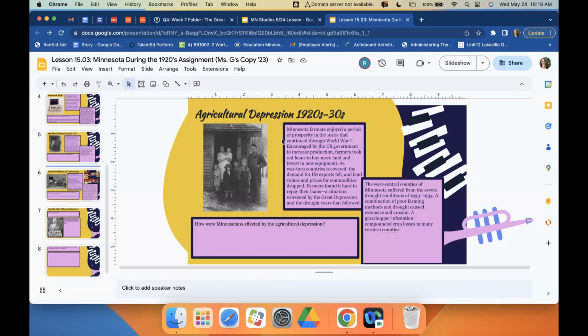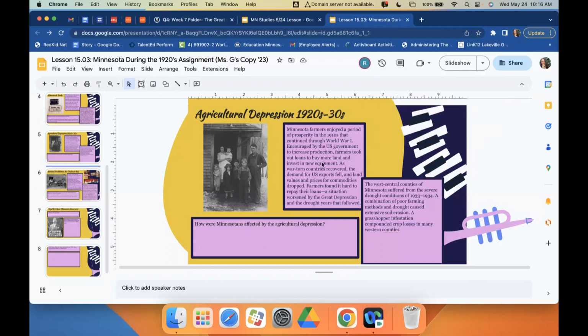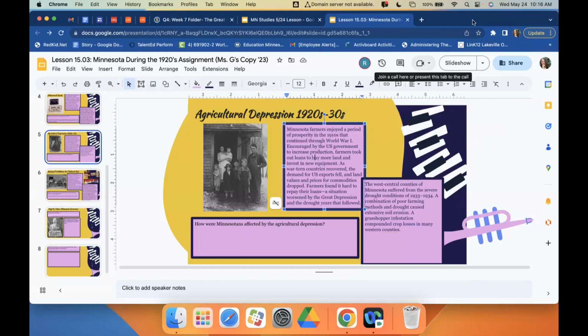Sure. Okay. And then Bobby and Tiberius, would either of you like to read today or just me and Rose? I can try reading one of the paragraphs. Okay, was that Bobby? Yep. Perfect. So I'll have Rose read this first one and then you'll read the second one when we start. Sound good? Awesome. Thank you.